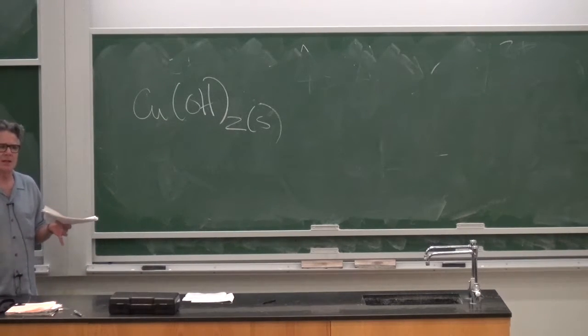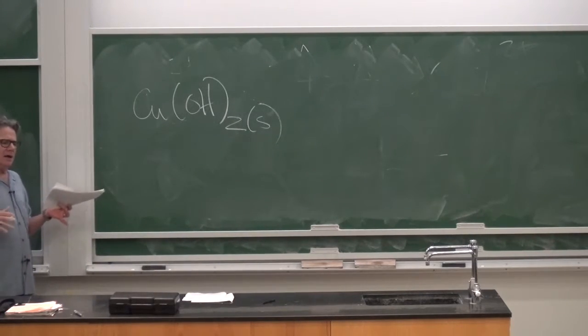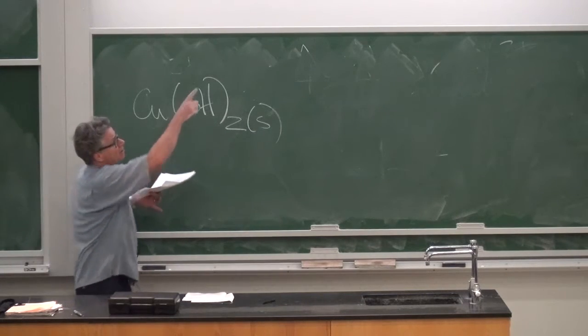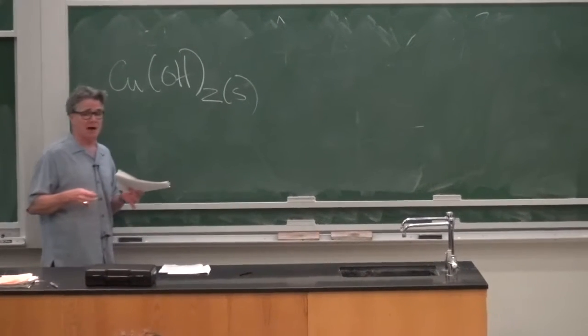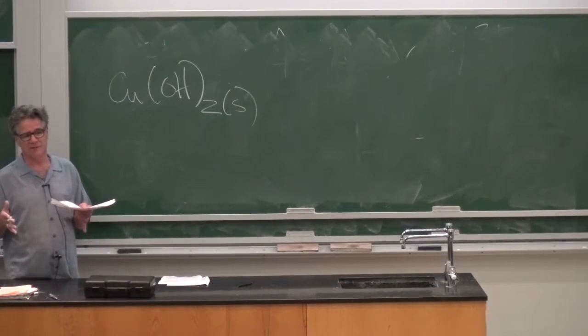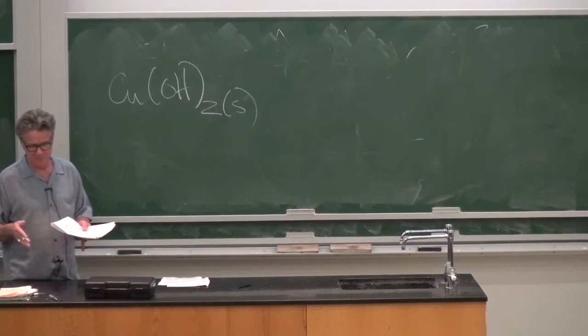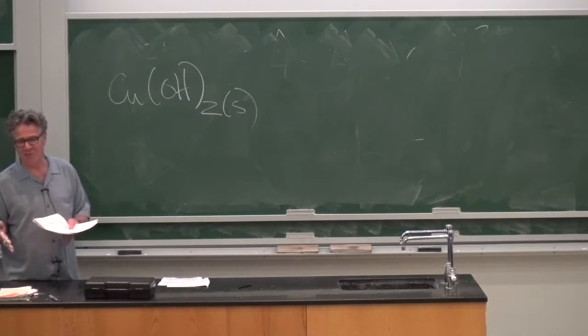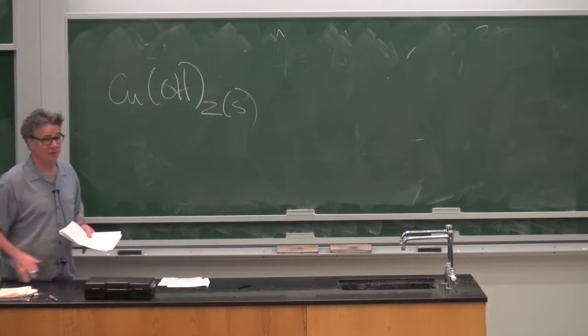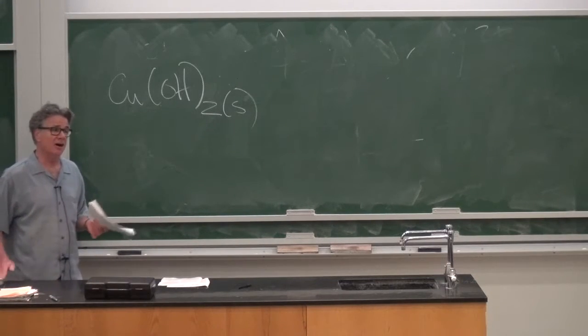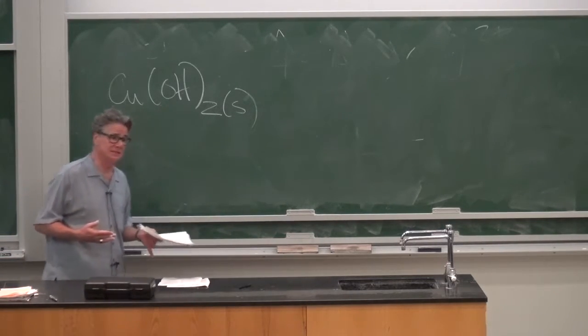Hydroxides for the alkali metal ions and most of the alkaline earths are soluble. For almost every other metal ion, hydroxides aren't soluble. So for all those transition metal ions, hydroxides tend to be weak electrolytes.